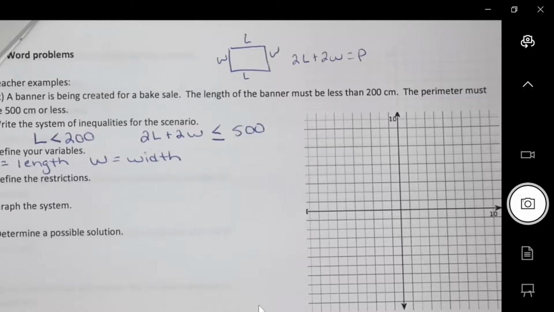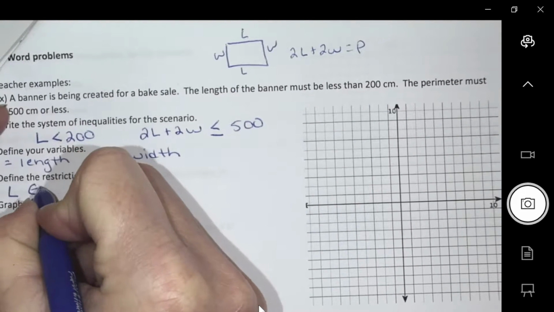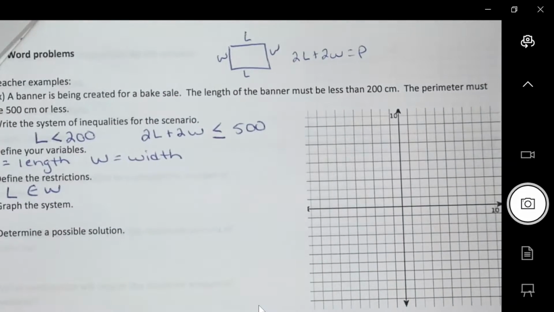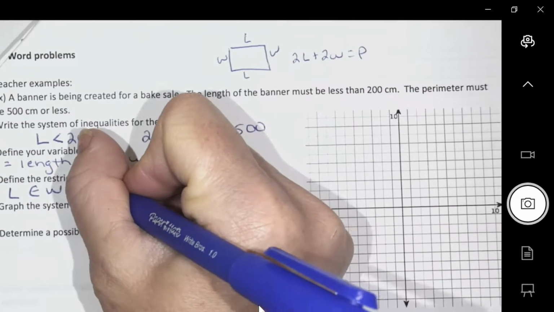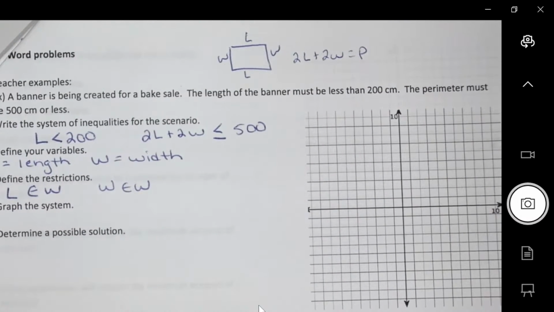So is there anything restricting the length? Well, length will have to be a whole number, because I can't have a negative length. And the width will also have to be a whole number. I can't have a negative width.